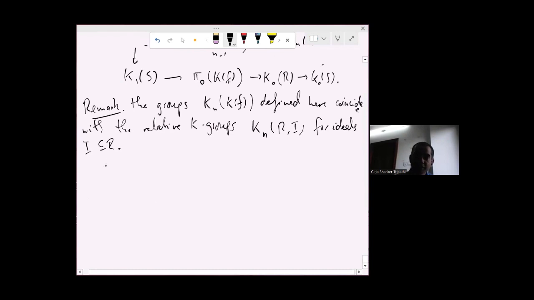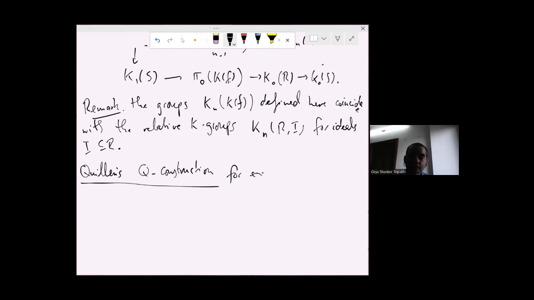So the second construction is through Quillen's Q construction, the Q construction for exact categories and their K theory.